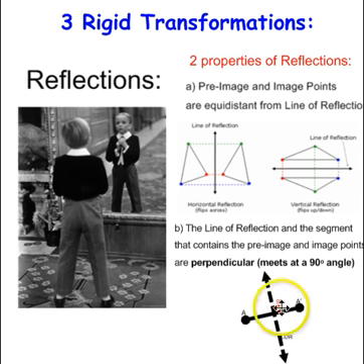The image after we transform the point, this is true not just for reflections but the other rigids and dilations, has a prime notation on it, so it tells us what point we started with and what point got transformed to. So here would be the line of reflection. It's at 90 degrees, or a perpendicular relationship, to this segment that connects the pre-image and image points.